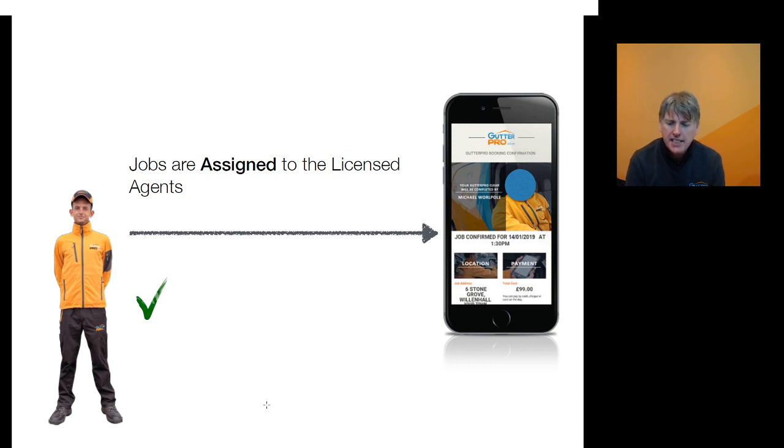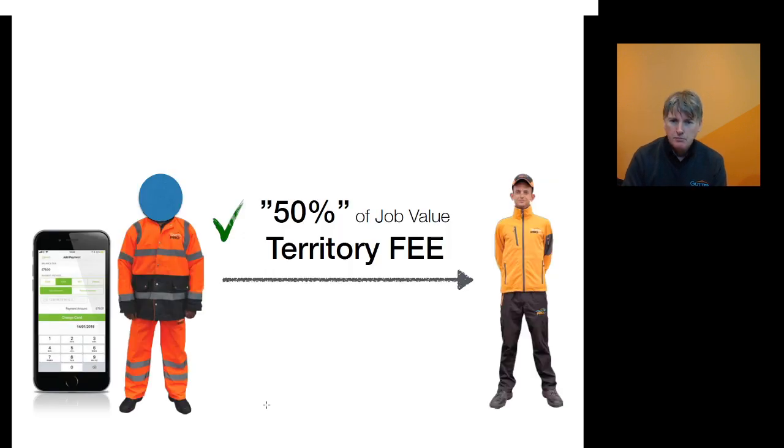But where it massively differs is that the customer is actually paying the licensed agent. And sitting down with Neil Phillips today, looking at this, and we were talking about it from a VAT perspective as well, and that's the major difference, that in the case of Deliveroo, the customer isn't actually paying the person who delivers.